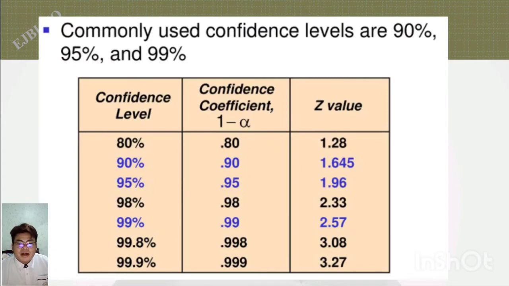Commonly used confidence levels are 90%, 95%, and 99%. As you can see in the table presented, we have the confidence level, confidence coefficient, and the C value.